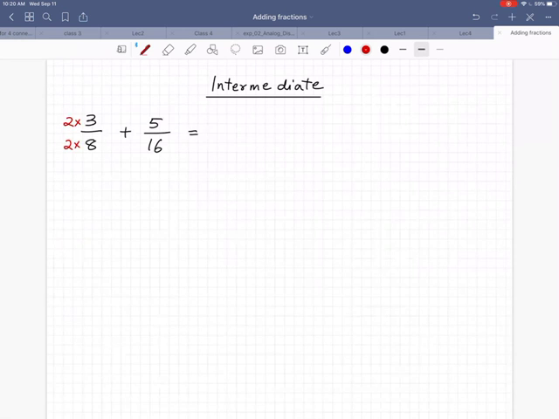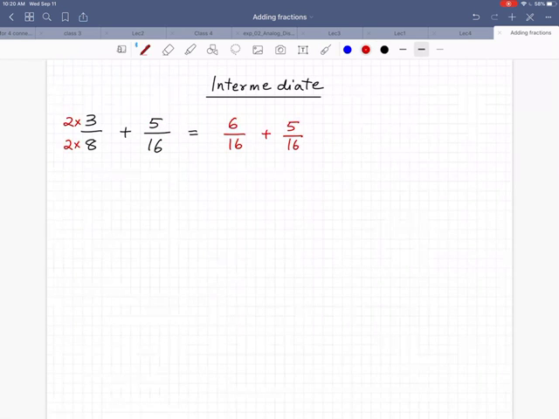If you do that, the first fraction becomes 6 over 16, which is the same value, and then the second fraction remains as is. So you have 5 over 16 for the second fraction.